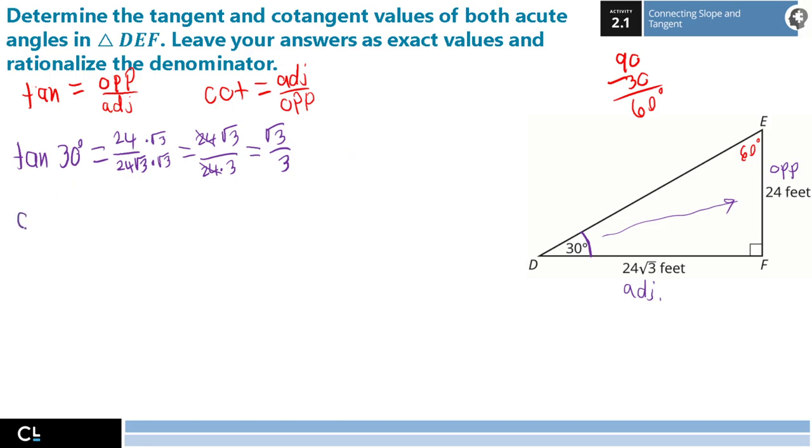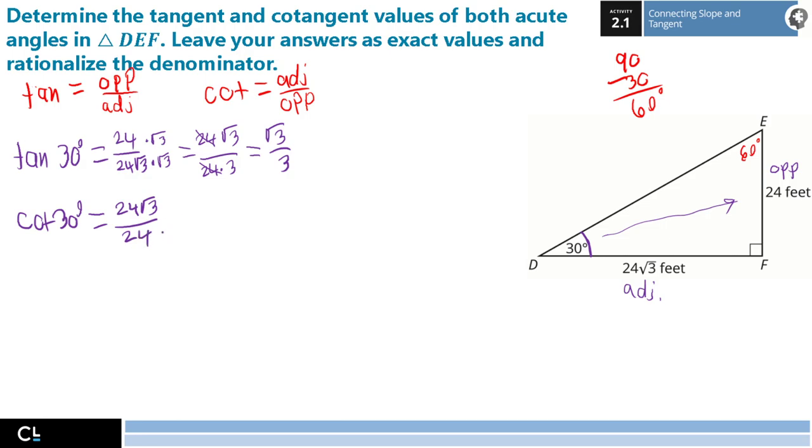Now we want our cotangent of 30 degrees, which is adjacent over opposite. So for purple, we go to our adjacent, which is 24 radical 3, over our opposite, which is 24.